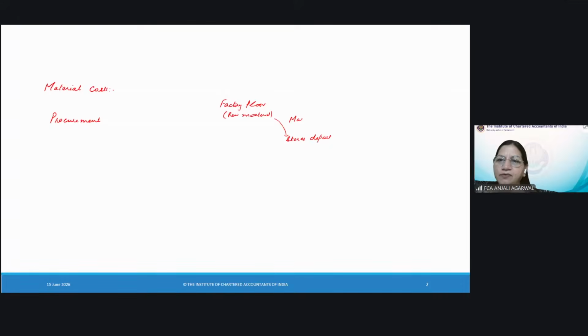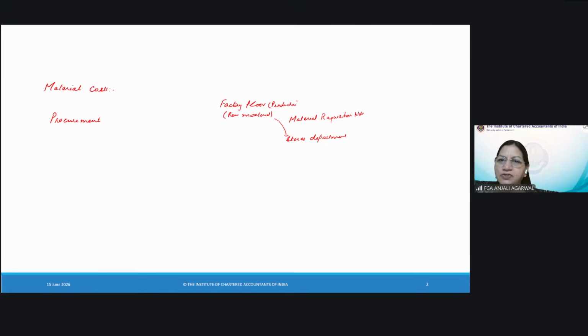So a material request note or an MRN, material requisition note, is given to the stores department that we require raw material. The stores department will have raw material stored with it. So it will issue the raw material to the production department.